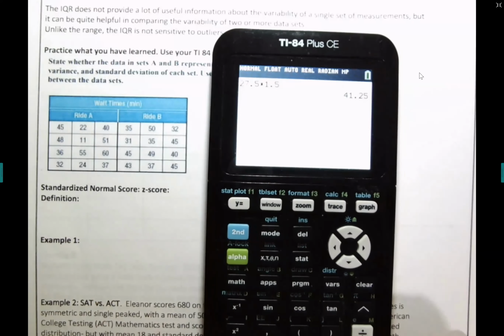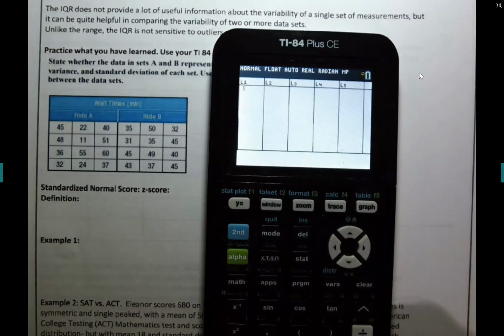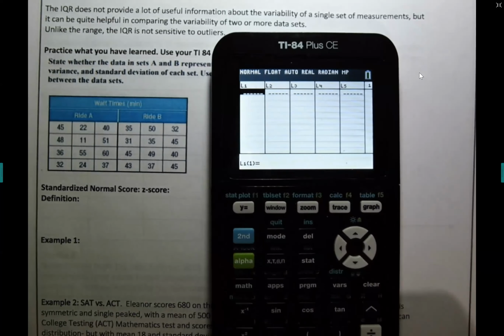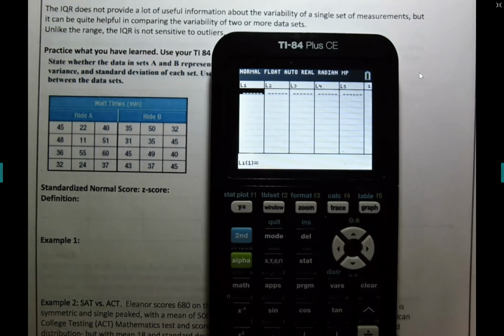So we're going to go to stat, edit. We're going to clear the list just like I did before, and we're going to enter the data. 45, 22, 40, 48, 11, 51, 36, 55, 60, 32, 24, 37.